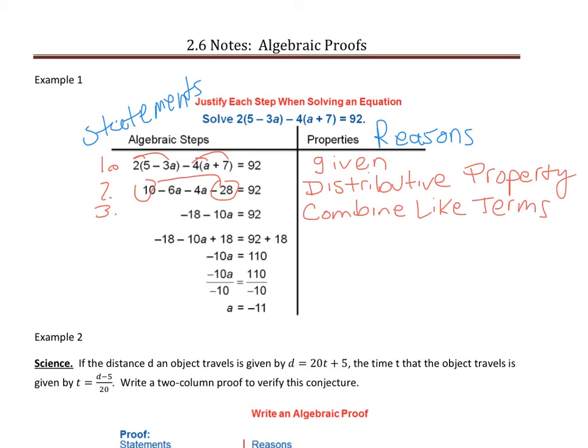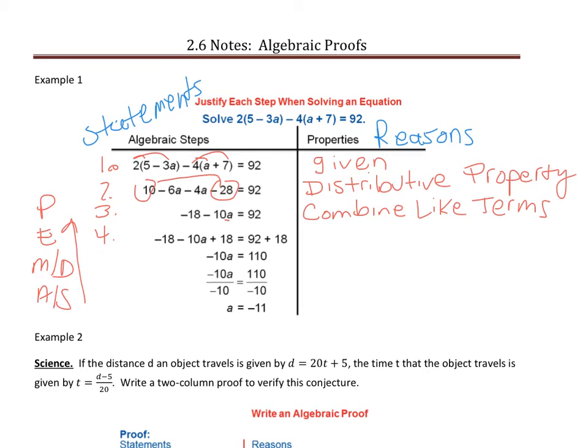Now what's happened between row 3 and row 4? It appears that we are adding 18 to both sides of the equal sign. And we're doing that as we would normally do. We go to the unknown, we look what's around it, and we undo those operations from the bottom of PEMDAS up.